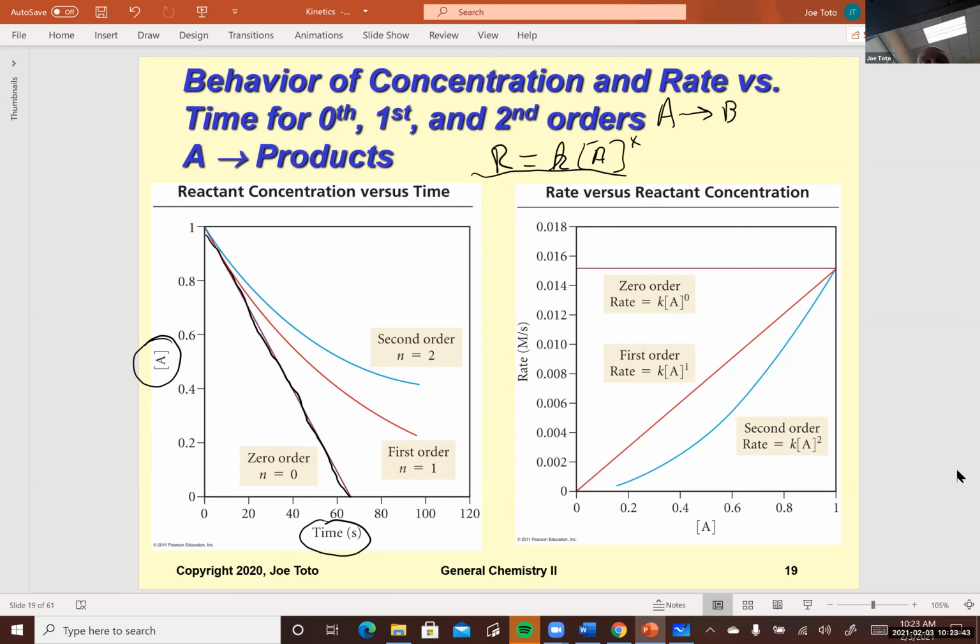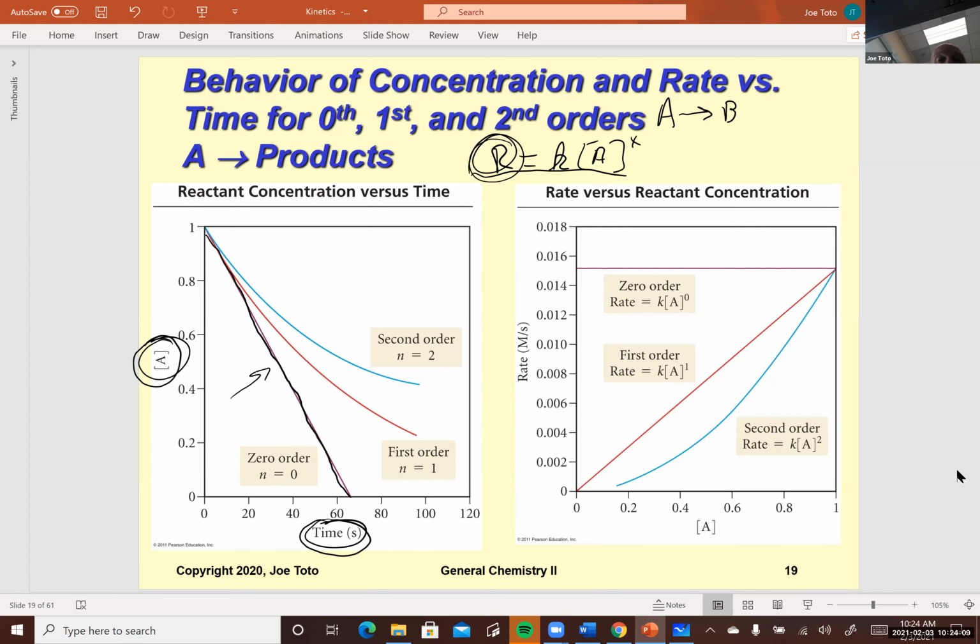So it just chugs along at a constant rate because the rate is associated with the change in the concentration over the change in time. That's the slope. And you see that that's a constant slope, change in y over change in x. And that's what it should be because it's associated with the rate.